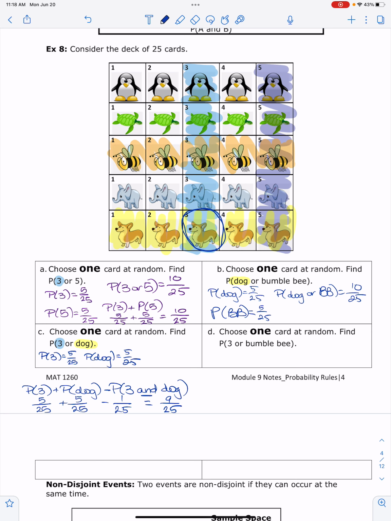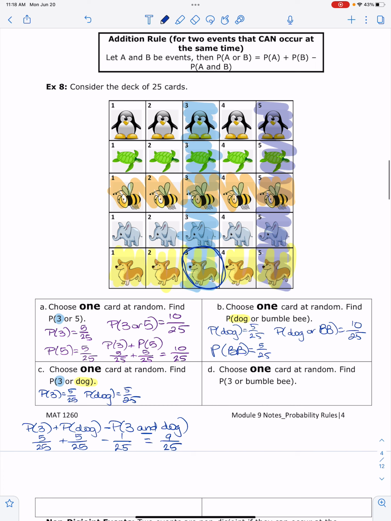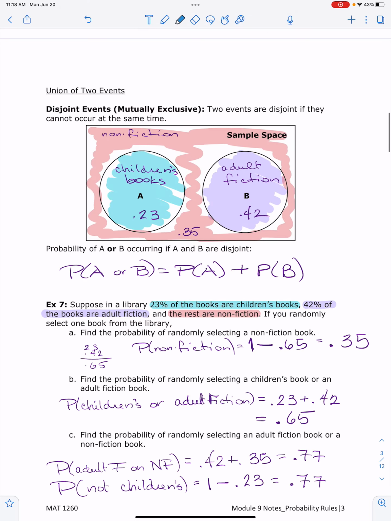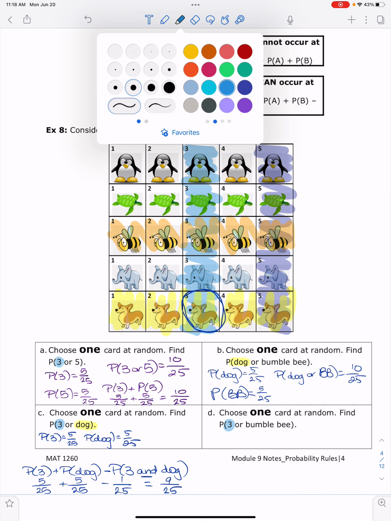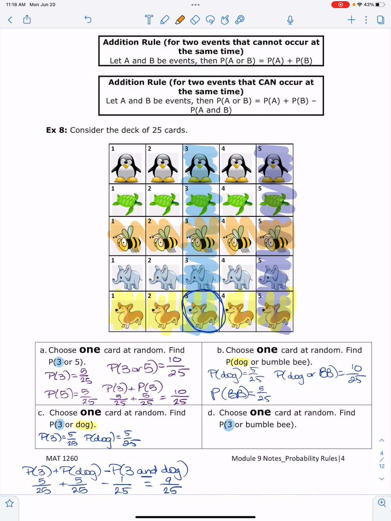We're going to do the same thing with D. We have the probability of 3 or our bumblebee. Our bumblebee was our orange. Okay, so again, we have got this overlap right here.